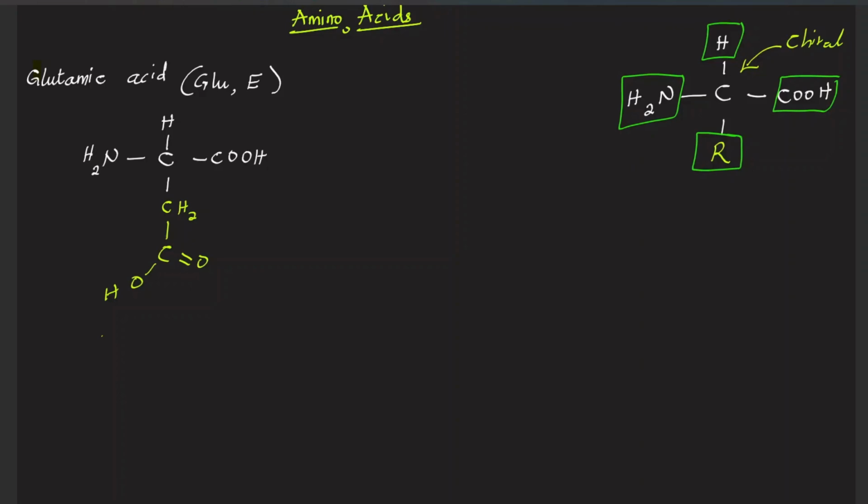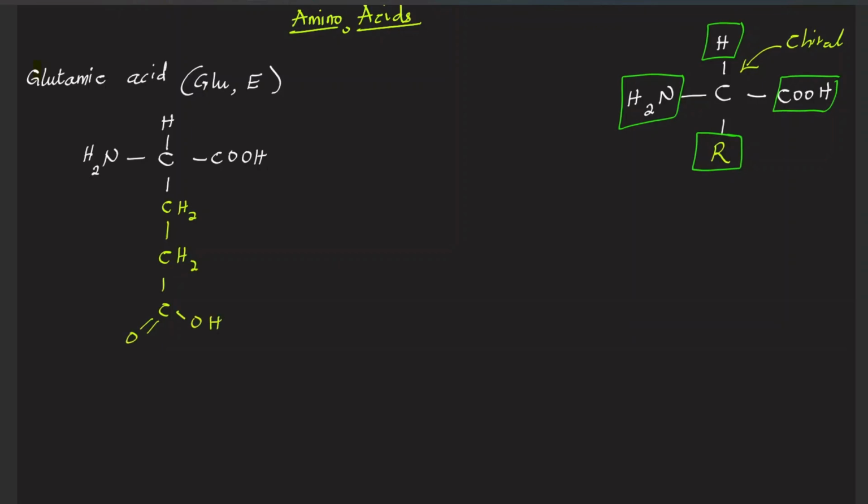The difference is that just like with glutamine and asparagine, it has 2 CH2 groups before the carboxylic acid group. Okay, so we have a second CH2 group before the carboxylic acid group, COOH.